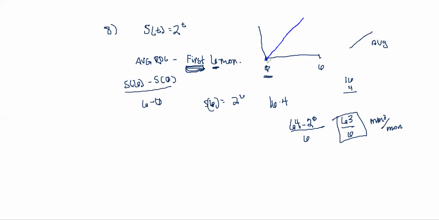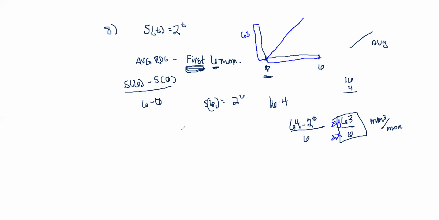And we know that for every 6 months, it goes up in size by 63 cubic millimeters. And so it literally is the change in y over the change in x.